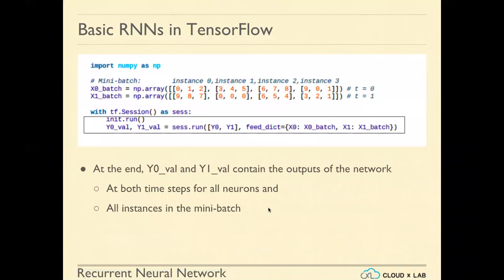At the end, we want the values of y0 and y1. While we are running it, take a look at this. We are saying session.run y0 followed by y1, meaning both will be executed, and y1 will be utilizing the value of y0. If you remember the discussion we had during TensorFlow, if we call session.run on two dependent variables, y1 depending on y0 here, then first y0 will be computed and then y1.